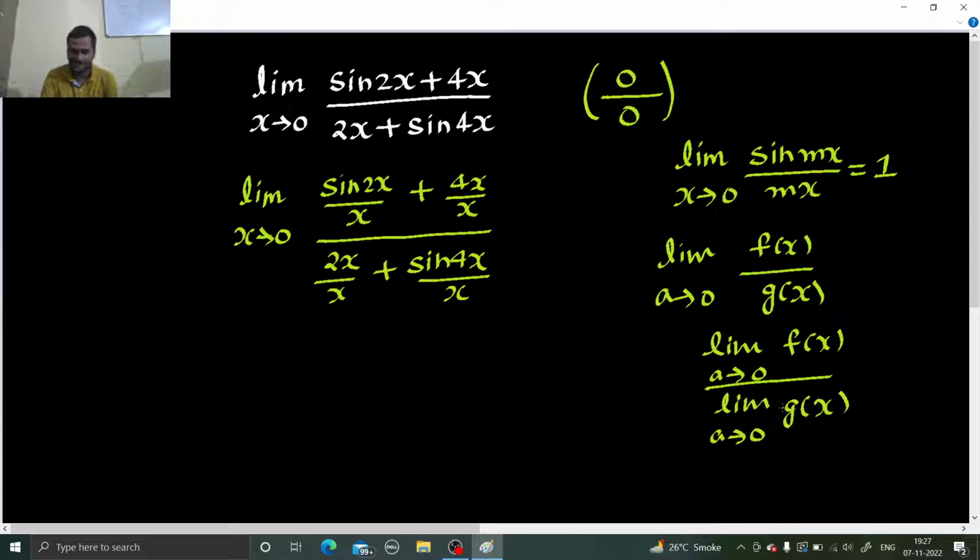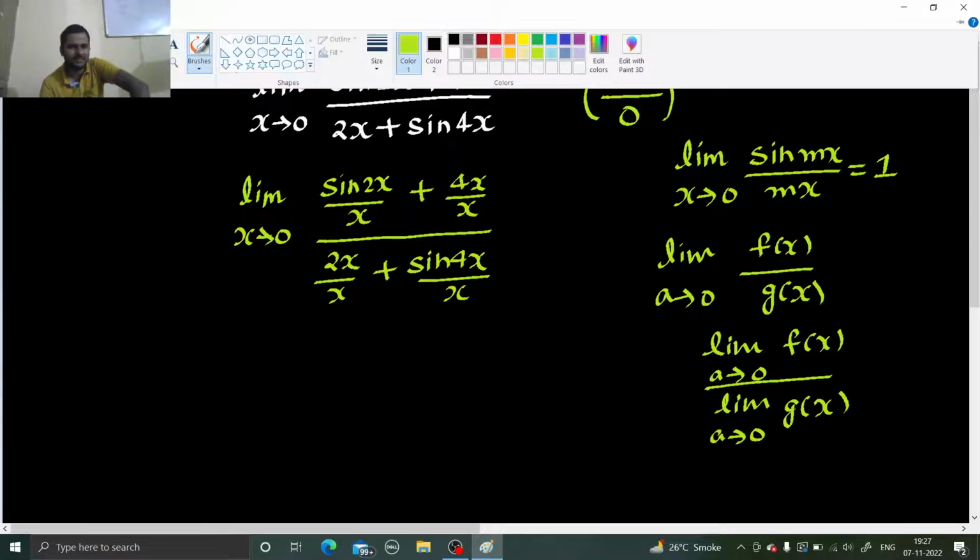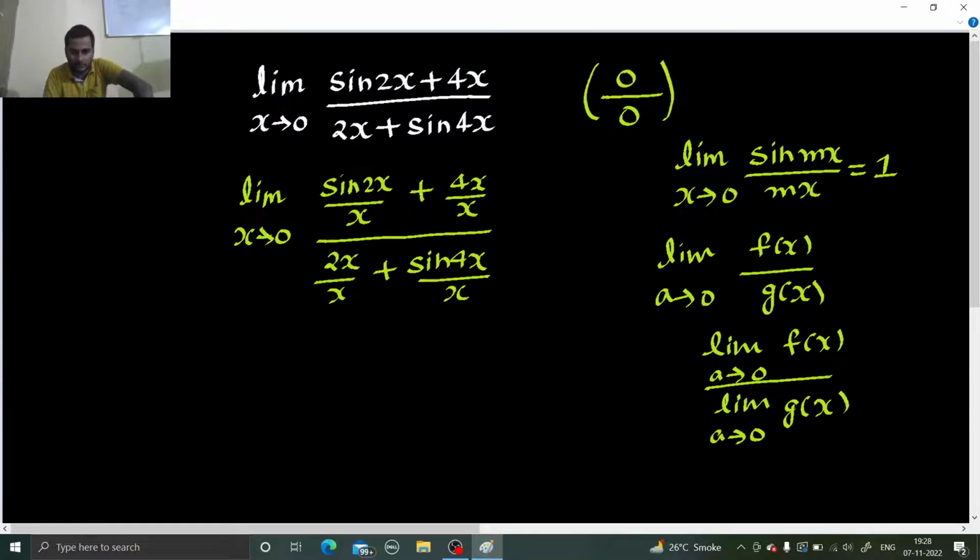So you can do this, and we'll do the same here. This is just the algebra of limits.